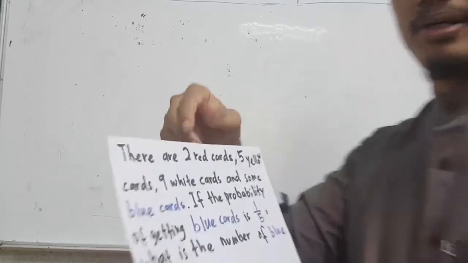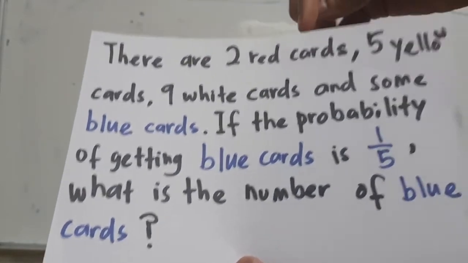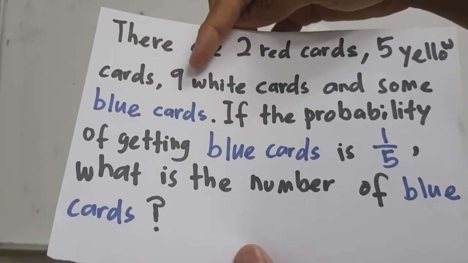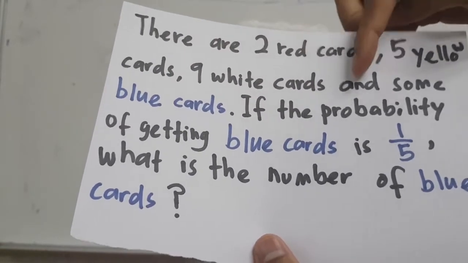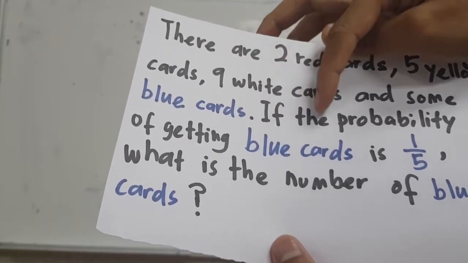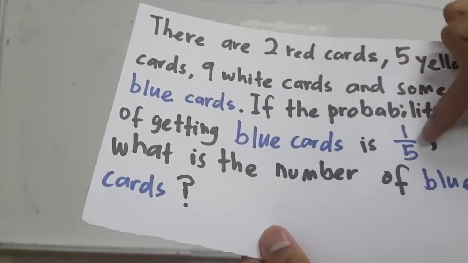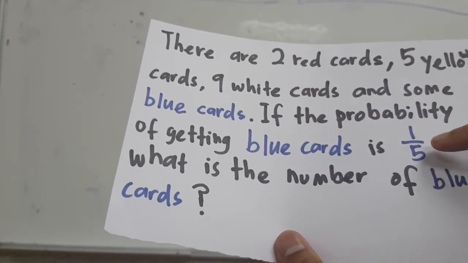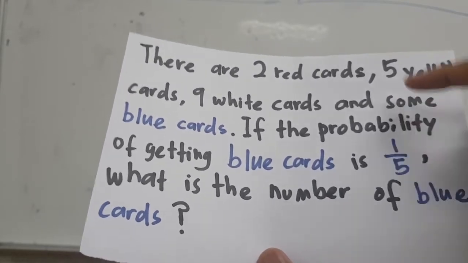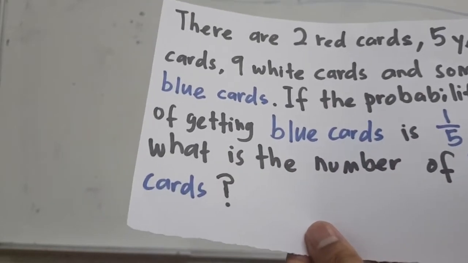This is the statement: there are 2 red cards, 5 yellow cards, 9 white cards, and some blue cards in my pocket. If the probability of getting a blue card is 1/5, we know the probability, but we do not know how many blue cards. What is the number of blue cards?